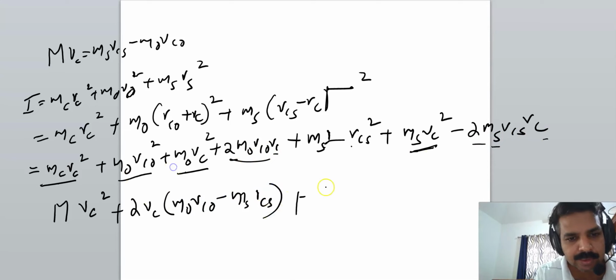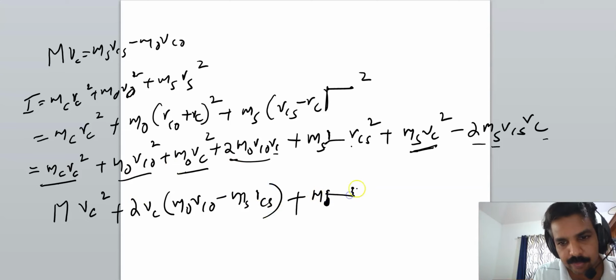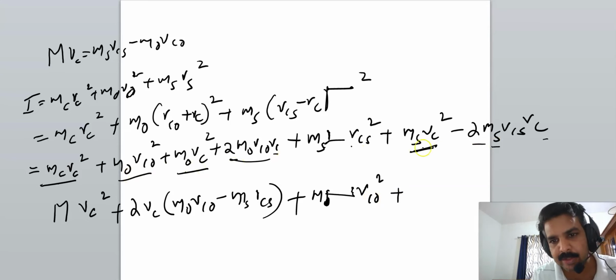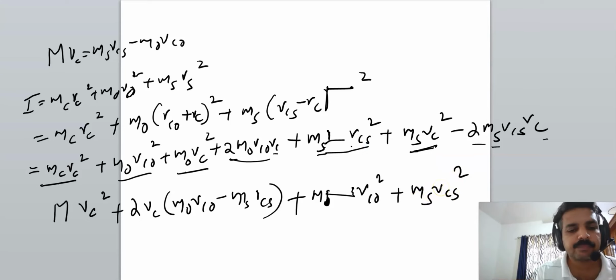plus this term, that is MO RCO square, and the remaining term is MS RCS square.